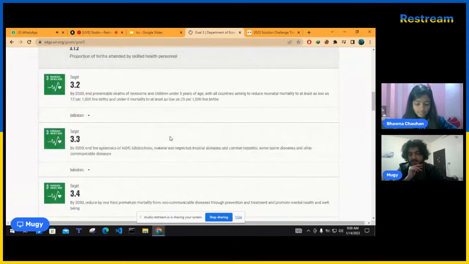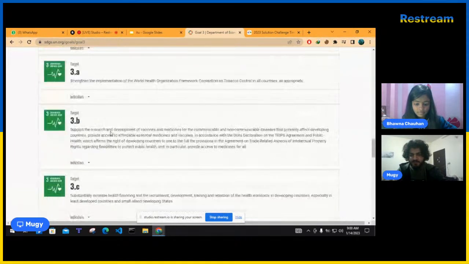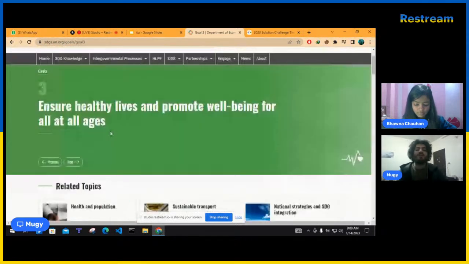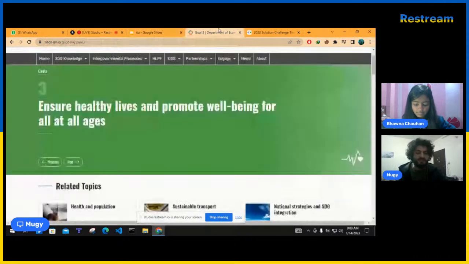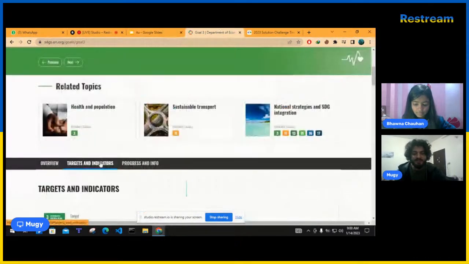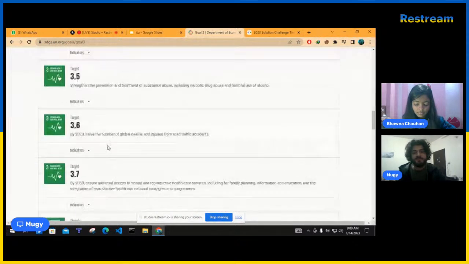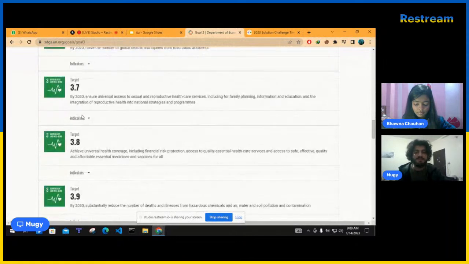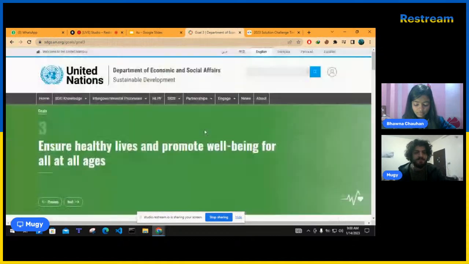Right now we have 13 to 14 targets. This is it. You simply have to go to the category, go to their official website, and go to targets and indicators, and boom, they have already given you the problem size. Just pick the targets or indicators and start working on them. So this is it.